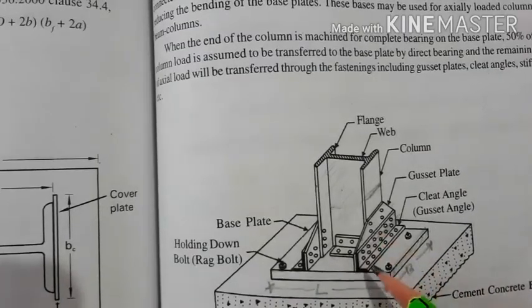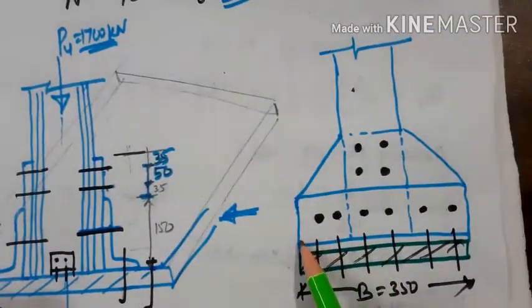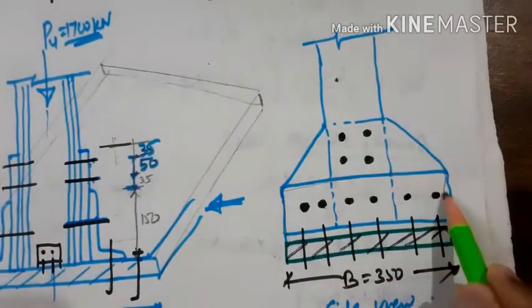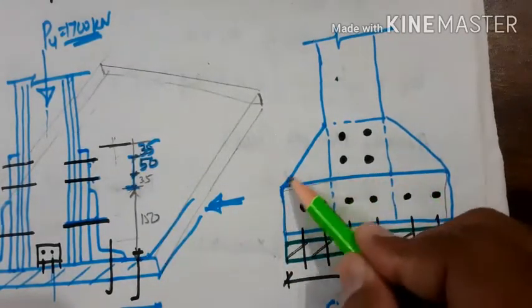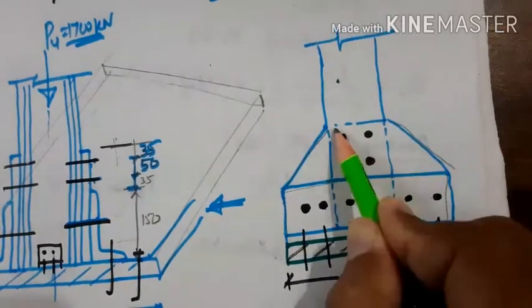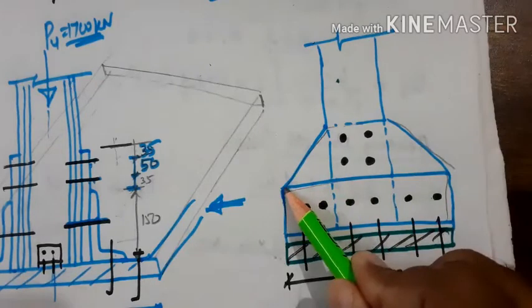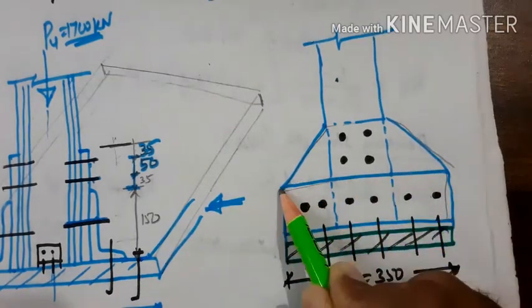Okay, then here, this is the side view, you can see only the angle height. Okay, so behind the angle the gusset plate is there. To look aesthetically good, this gusset plate is cut at a certain height.